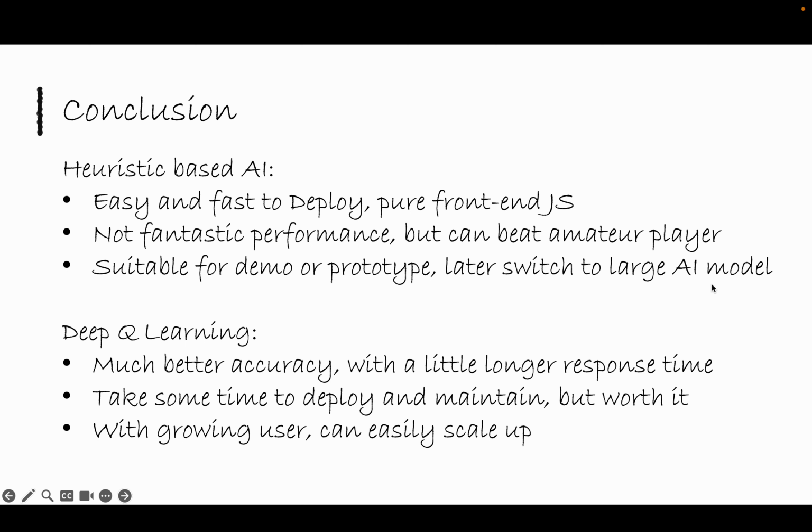We can later switch to an AI model like the deep Q learning model, which has better accuracy and a little longer response time. But I think it's worth it, because the accuracy is a lot higher, and with growing users, we can easily scale up because we can buy more servers or a larger throughput of our cloud function. And I think that's all.